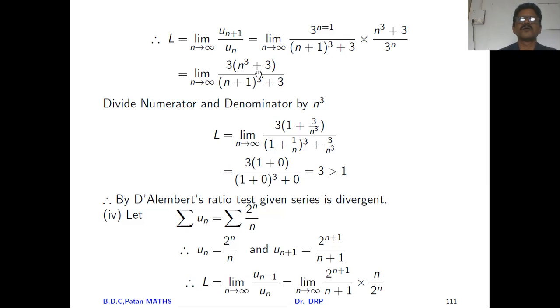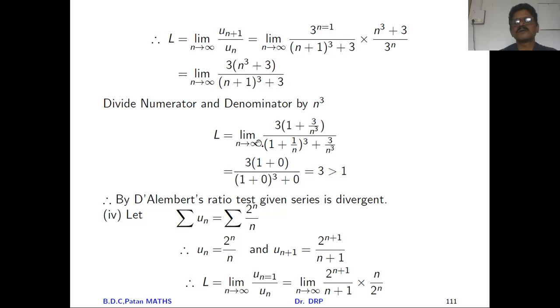Now what you have to do is divide numerator and denominator by n cube. So you will get L equal to the limit as n tends to infinity of 3 as it is, times 1 plus 3 upon n cube in the numerator. Inside the bracket you have to divide by n, because it is raised to 3, so 1 plus 1 upon n raised to 3, plus 3 upon n cube.